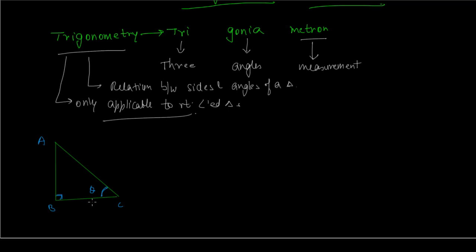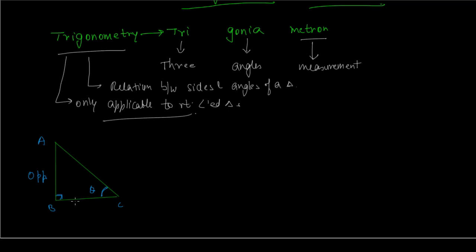Now, with respect to this theta, we can have a relation with the angle function and a particular side or any pair of sides, right? So the relation between the angles and the sides is what we're going to determine. With respect to this theta, this AB is opposite to this angle. So we say that this is the opposite side.